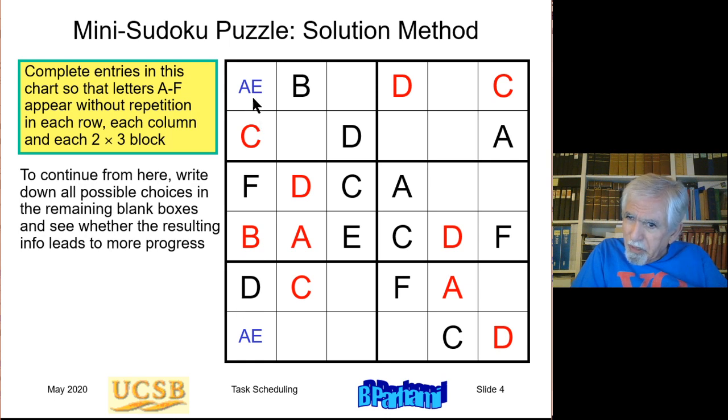And then I erase those and just put the final choice there. Many online Sudoku puzzles have this notation capability where you can put multiple choices so that you remember what options are available in each box.